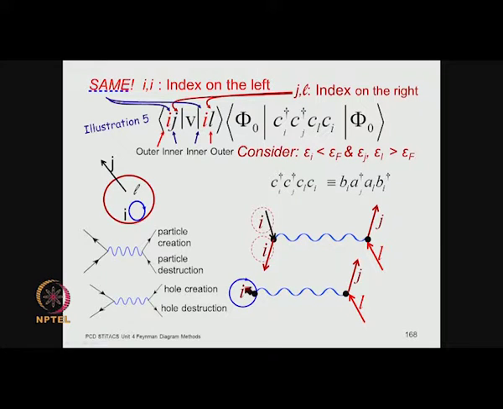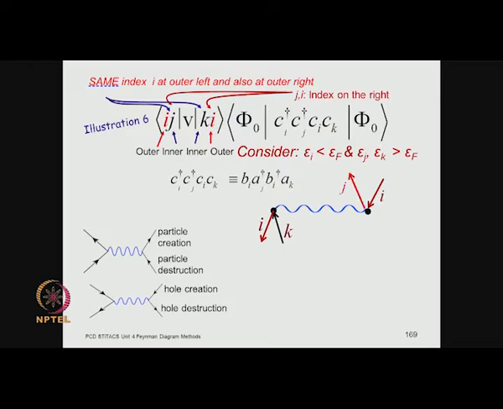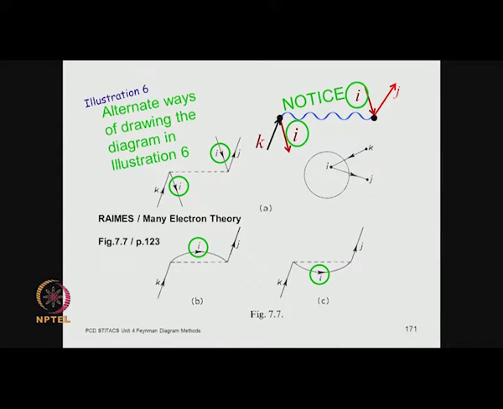But in the next example, we again have a creation of a hole in the ith state and a destruction of a hole also in the ith state, but not at the same vertex. The vertices are exchanged. So, this is the picture that we get, and these are the Feynman diagrams corresponding to this case.